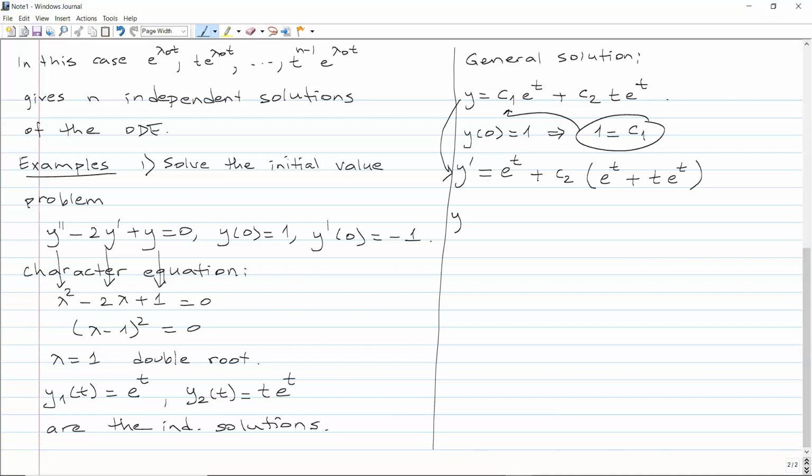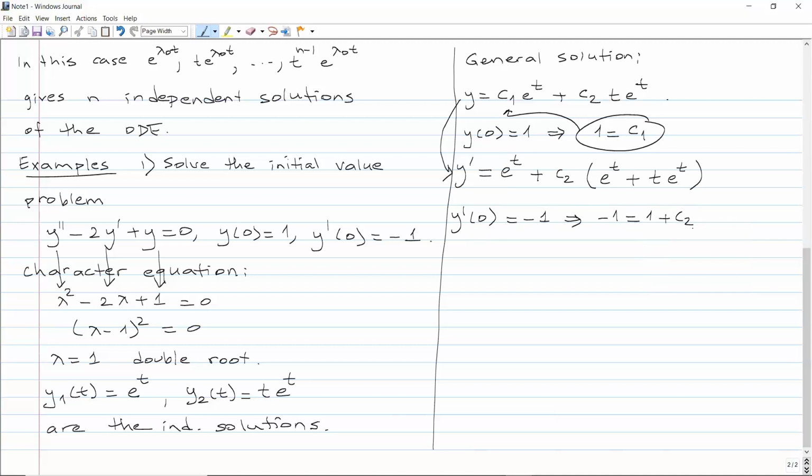And now we use the initial condition. y prime of 0 is minus 1. So for the derivative of y, we substitute minus 1, and for t, we substitute 0. So e to the 0 is 1 plus C2 times e to the 0, which is 1, and t is 0, so t e to the t is 0.